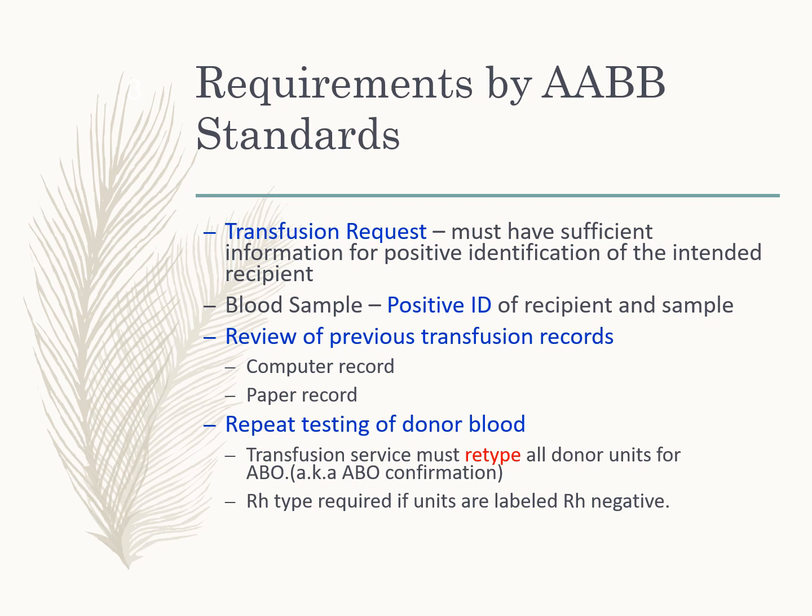So if they're ordering blood from a blood center, when they receive it, they must confirm the ABO type. And if the D type is negative, they must also confirm the negative part. If they ordered positive blood, so if it's A pos, they have to retype the A, but they don't have to confirm that it's positive.